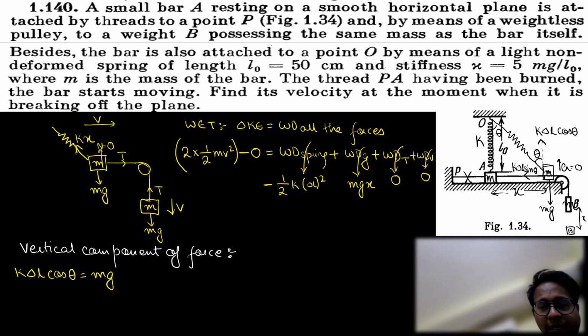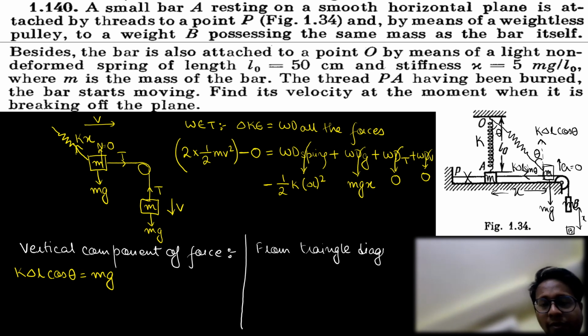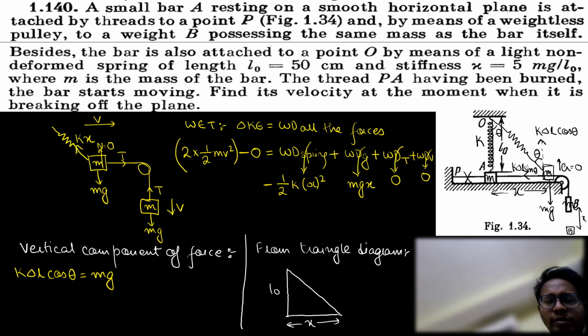So from the triangle diagram, this line out here is written as L naught. This line out here is written as X. Let me write out the X. And let this line be Y or some other value.